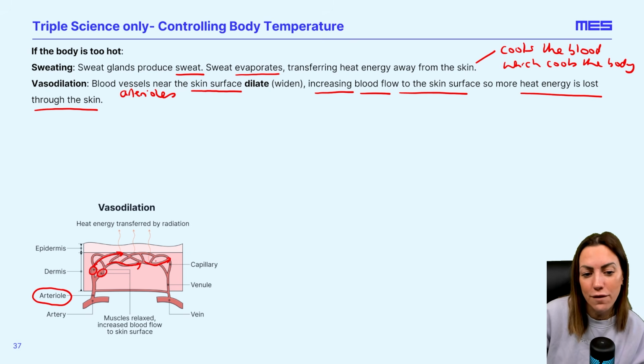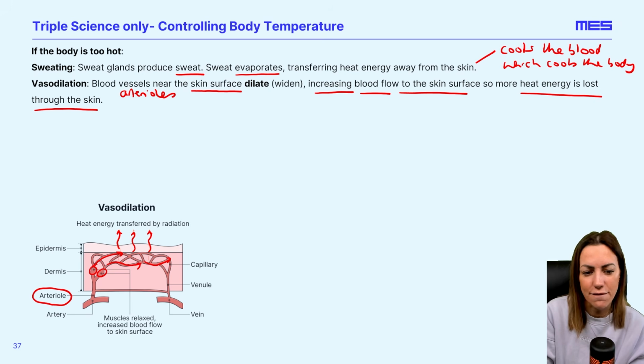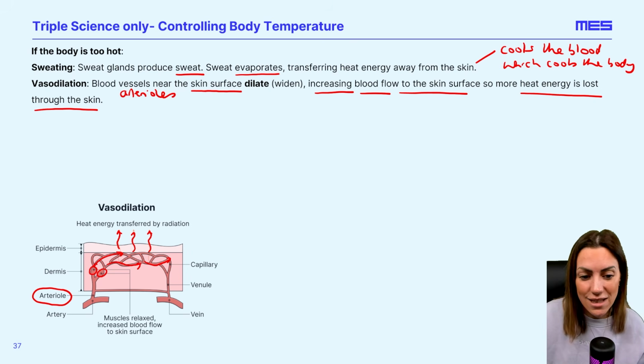And if more blood flows close to your skin surface, more heat energy can be lost from your blood through your skin surface. So more heat energy is lost through the skin surface. But you do have to be really careful to say it's blood vessels or arterioles near to the skin surface that dilate to increase blood flow to the skin surface, so more heat is lost through the skin.